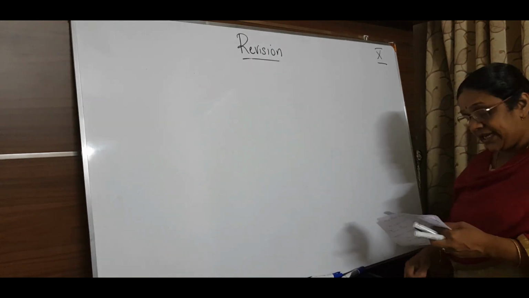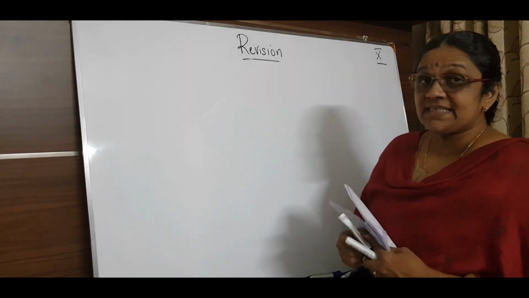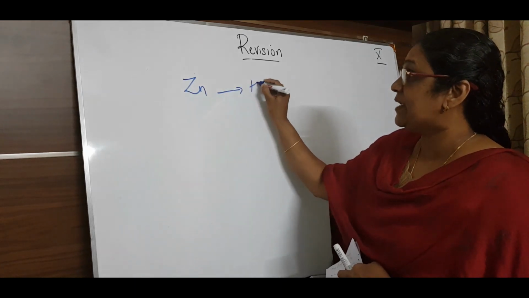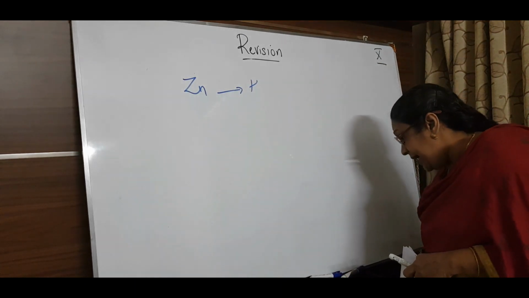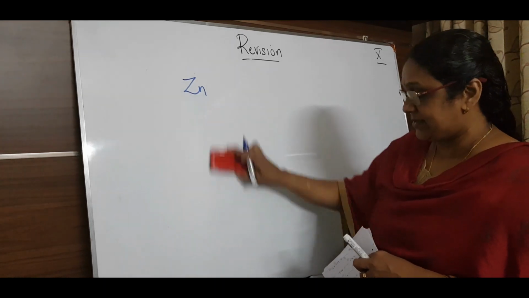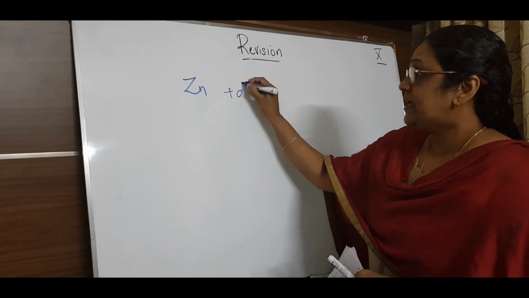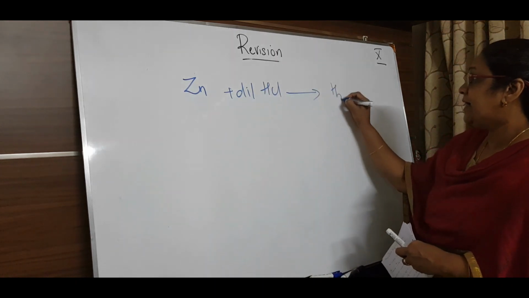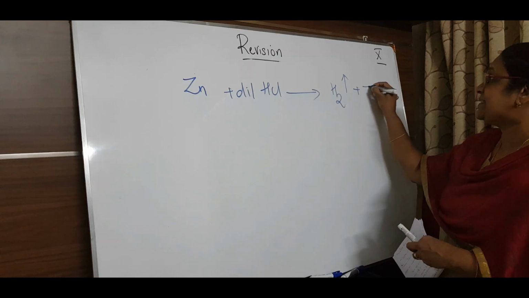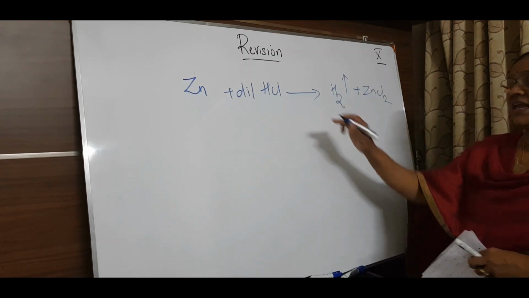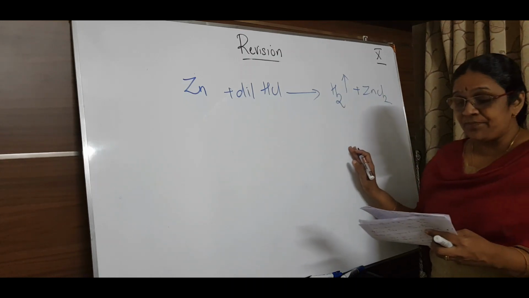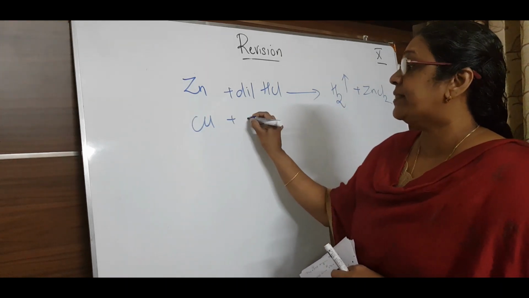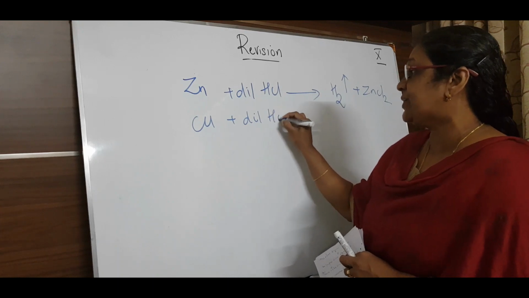The second question is: zinc liberates hydrogen gas when it is treated with hydrochloric acid, whereas copper does not react with dilute HCl. That is the question.